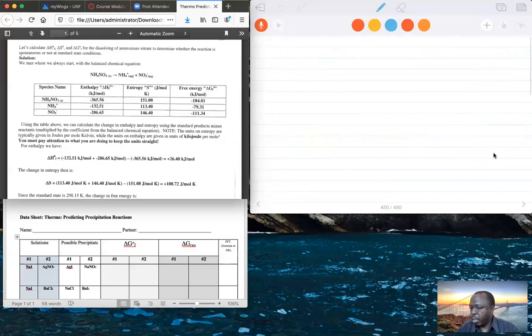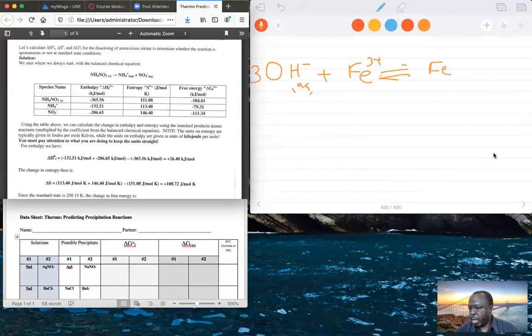For example, say 3 moles of hydroxide plus 1 mole of iron 3 ion doesn't want to go to solid, so it's going there.